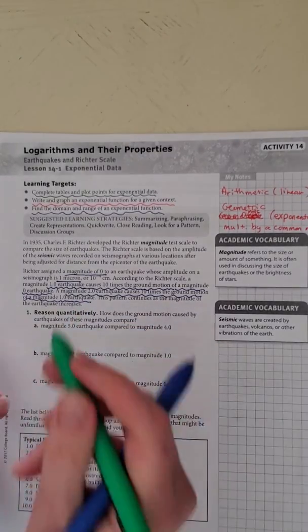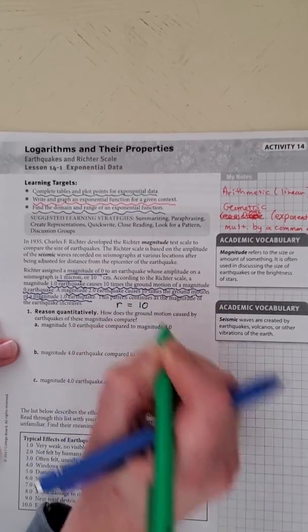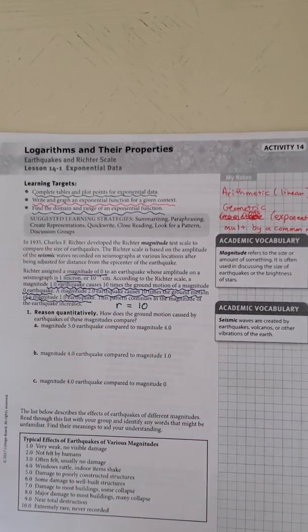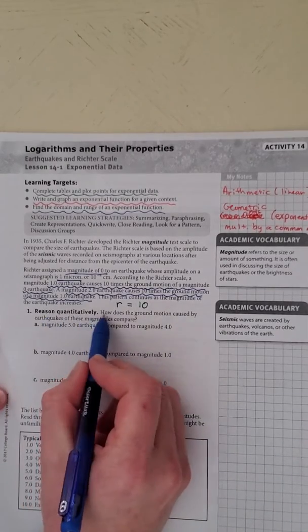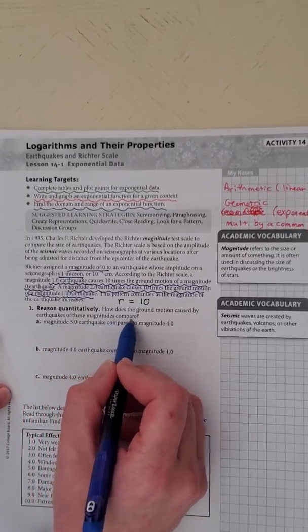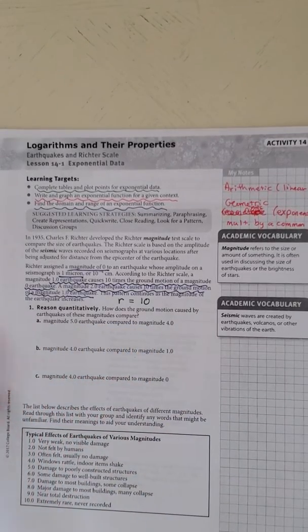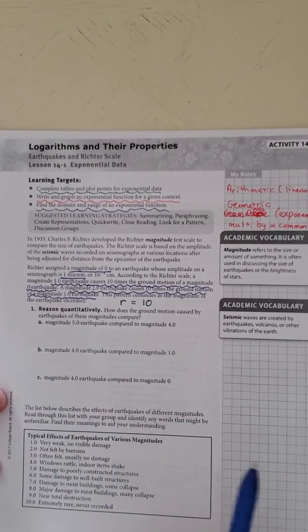So right now they're telling us that our common ratio r is 10, right? Each time it's 10 times as large. That's what we're multiplying by. Reason quantitatively, how does the ground motion caused by the earthquakes of these magnitudes compare? So please, with your group, go ahead and discuss item 1A, B, and C, and then we'll come back together.